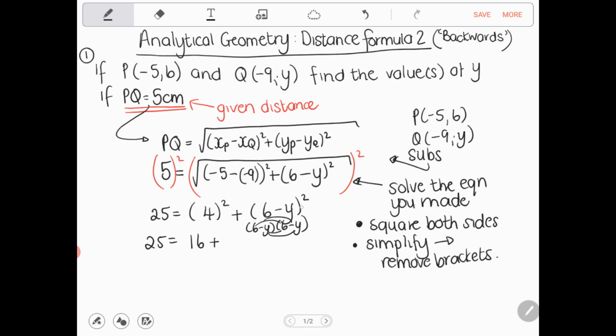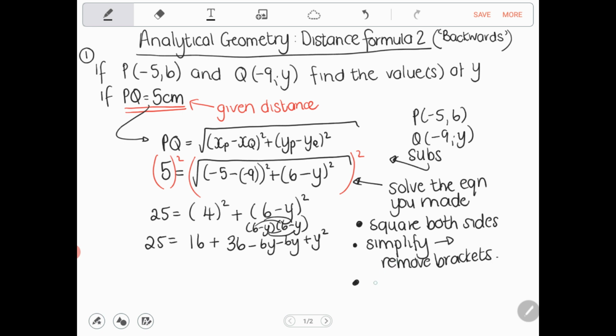Whichever way you do it, you cannot bring your square into this bracket because you have 2 terms. Okay, so I'm going to do it the long way around. It's a positive 1 in front of my bracket, so I can multiply straight out. This is going to be 36 minus 6y minus 6y plus y squared when I use FOIL. If you did it the shortcut, you'd have 36 minus 12y plus y squared.